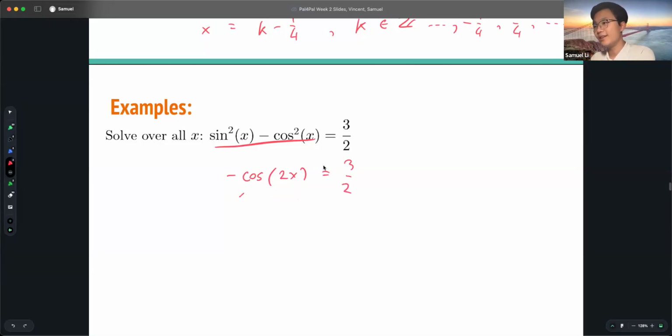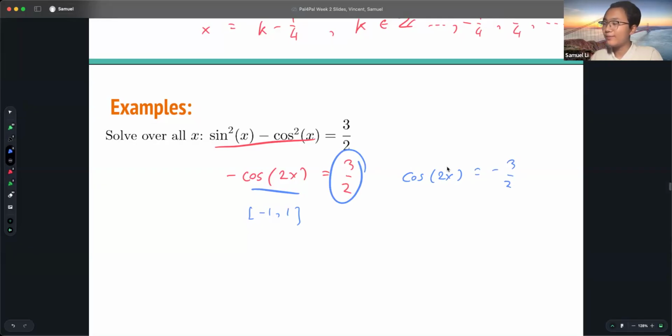If you notice, the range of this function is between -1 and 1. But then you look at this side, we have cosine of 2x is -3/2, and -3/2 is not between -1 and 1.